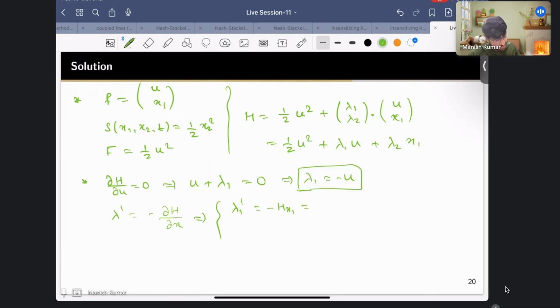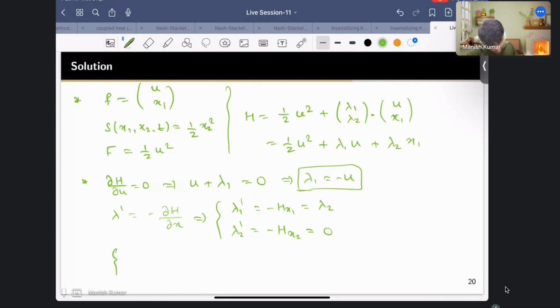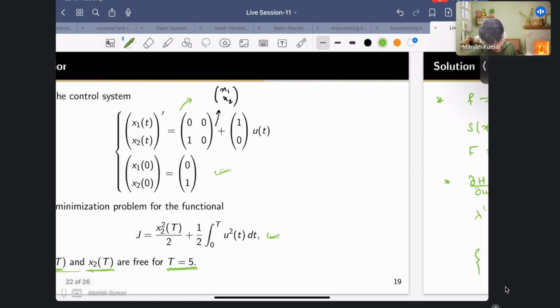So H x1 is lambda 2. Lambda 2 prime is minus H x2, which is 0. The third one was just the equation which is given to you: x1 prime equals u, and x2 prime equals x1.